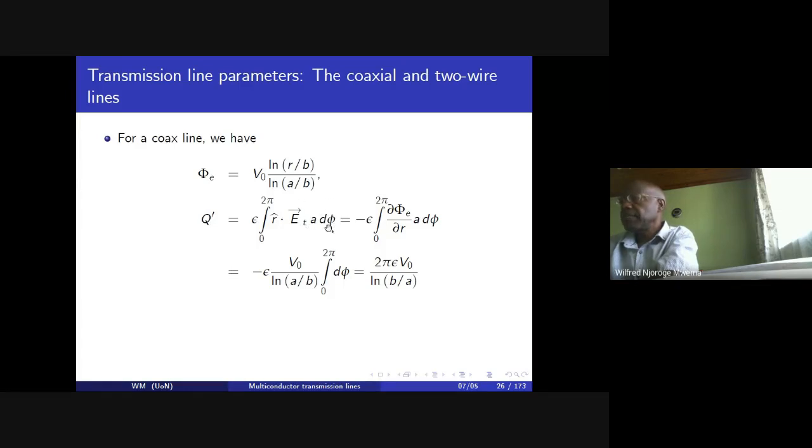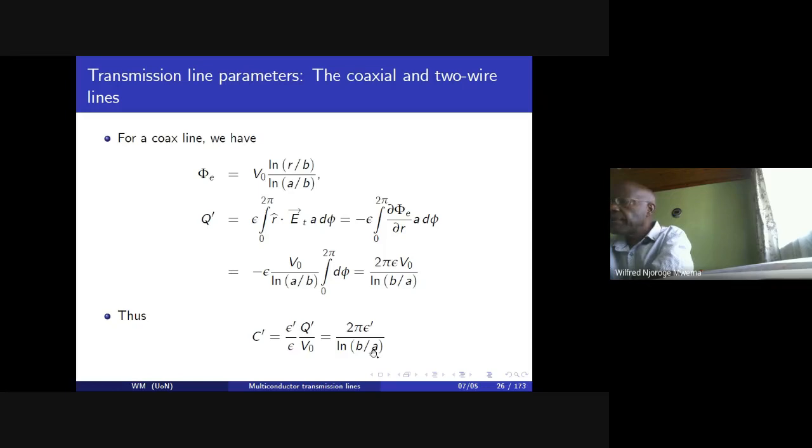The path of the dl here is just the radius of the inner conductor multiplied by the angle subtended at the axis, and we get a value of 2 pi epsilon V naught by natural log of B by A. And therefore C prime is given by that ratio, Q prime over V naught, which is equal to just 2 pi epsilon over natural log of B by A.